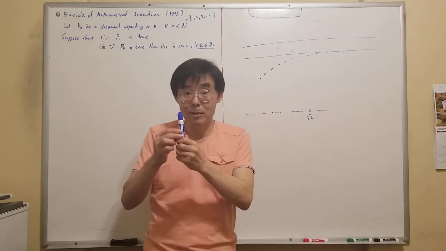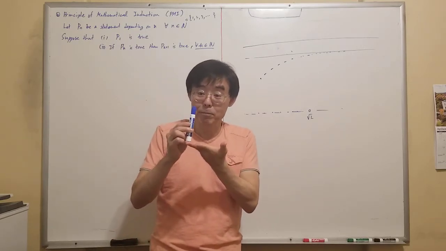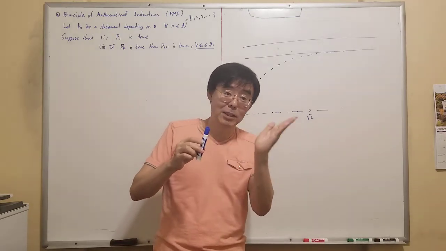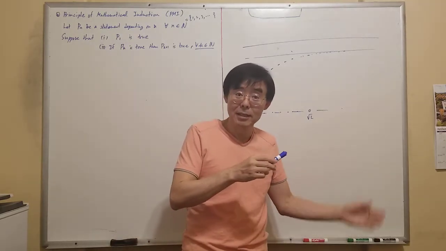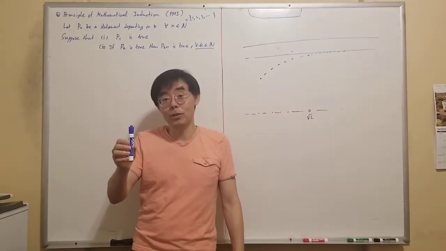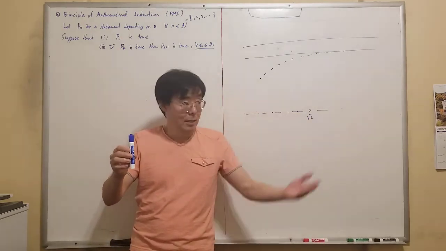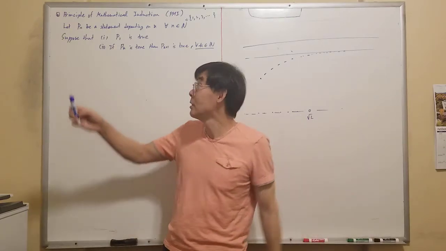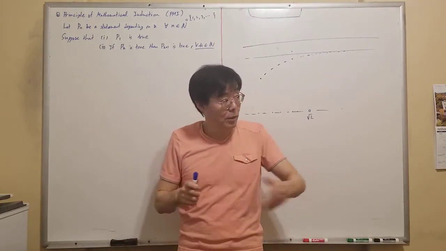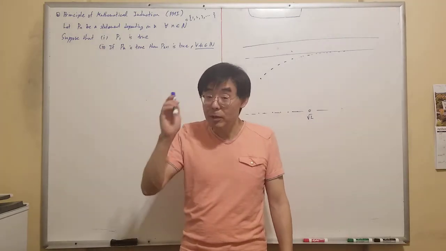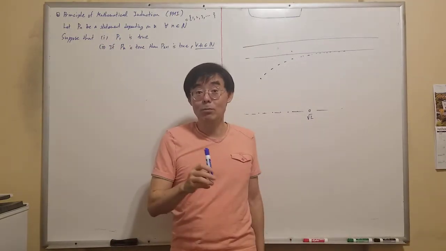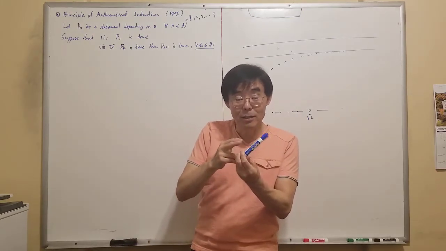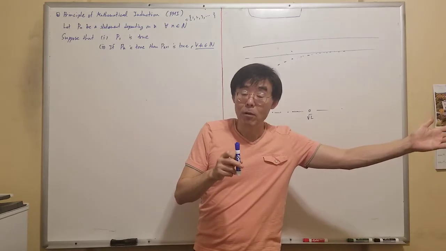It's like dominoes. If P1 falls, then P2 falls, and then P3 falls. Unless you touch the first block, it's just going to stay there, right? Unless we know the first thing is true, we don't know whether they are true or not. But if you know the first statement is true, if you tip the first block, then all the blocks will fall.